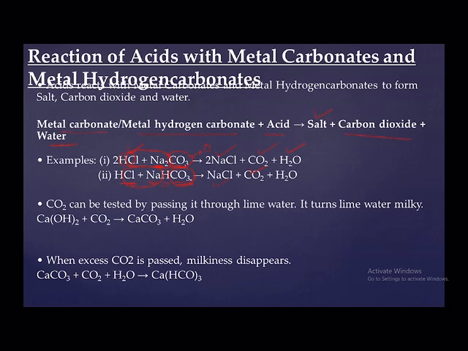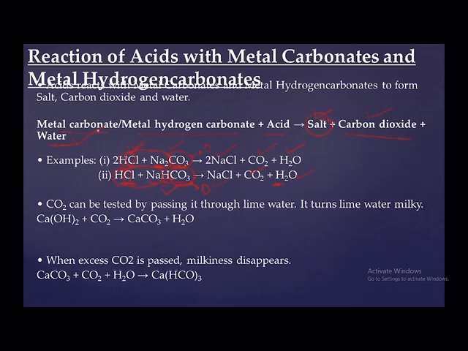The remaining one oxygen is there, and there is one hydrogen here and one hydrogen there, so the two hydrogen with oxygen form the water molecule. This is the reaction of acids with metal carbonates and metal hydrogen carbonates, which prominently gives a salt, and evolution of gases such as carbon dioxide and water.